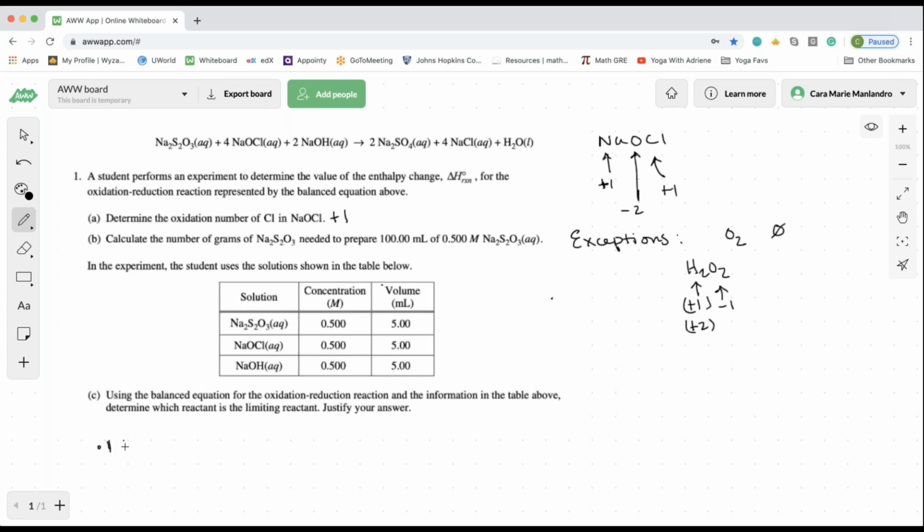So 0.1 liters times 0.5 moles per liter of Na2S2O3, and then in 1 mole of Na2S2O3, sodium is 23, sulfur is 32, and oxygen is 48 total.